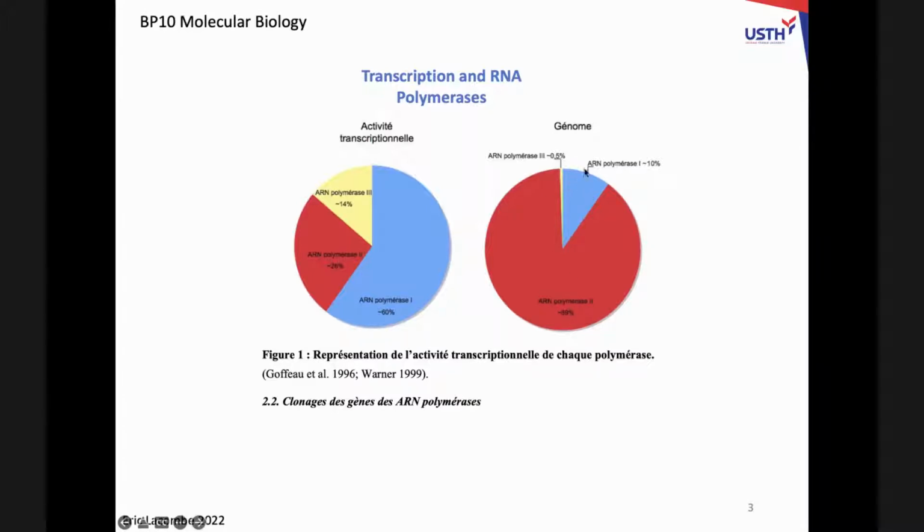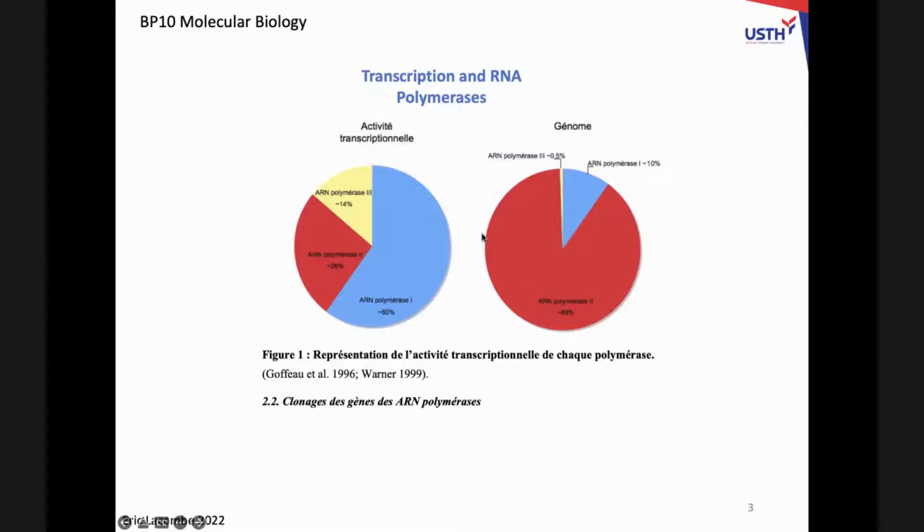So here what you see is that the part of the genome that is read and transcribed by RNA Pol1 is only 10%. But this 10% of the sequence transcribed by Pol1 represents at the end 60% of the RNA content. Okay, you understand how to read and to compare these two charts?